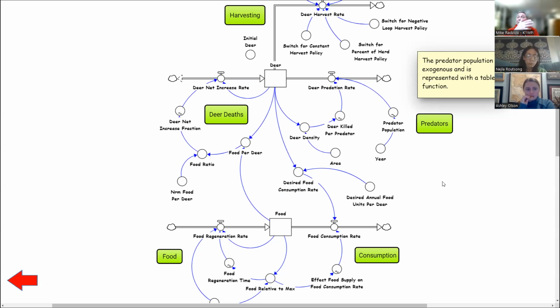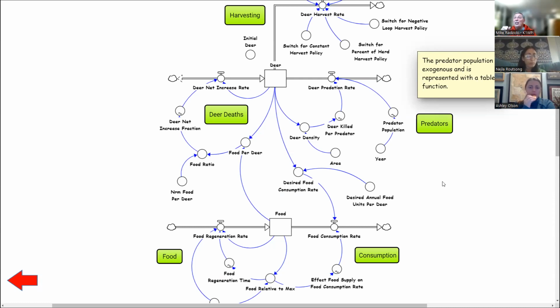So on the predation rate, the way the deer die from being eaten, the input to the table function is deer density. So remember, again, x-axis, we want a ratio. So it would be, in this case, deer per acre, right? That's the density.